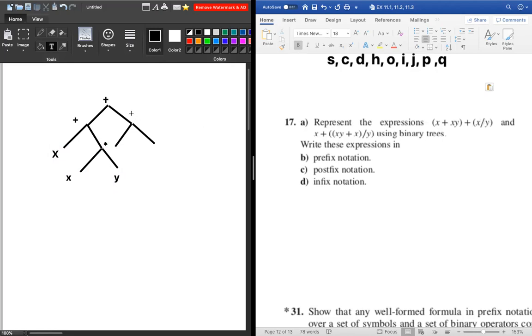This is the division sign here. And then we have X, then we have a Y. A Y here, and we have the X here. Okay.